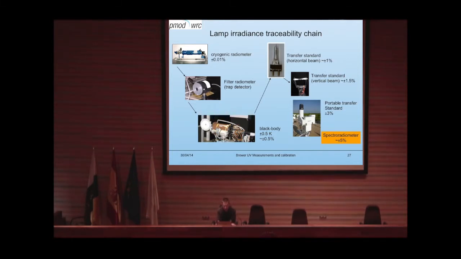So for that reason, we are all using small lamp systems, like the 50-watt lamps that half of you have been using this afternoon, and the other half will be using right after this presentation, to be able to calibrate your instrument outside where it is measuring. And typically at this stage, the measurements that you will be performing with your instrument will have an uncertainty of the order of 5 to 10%.